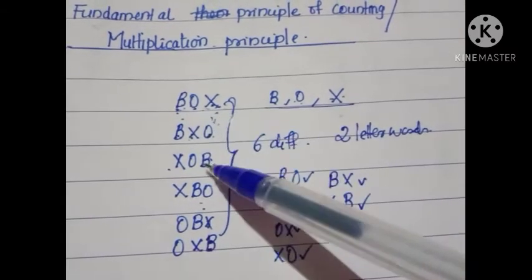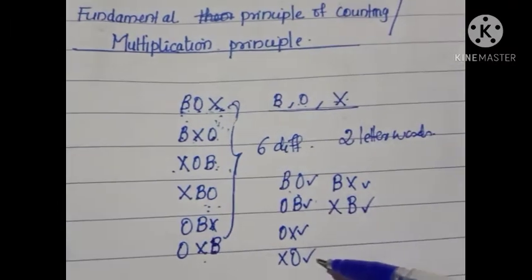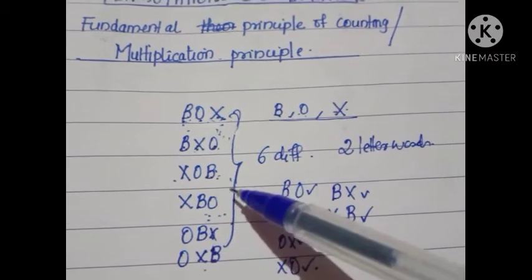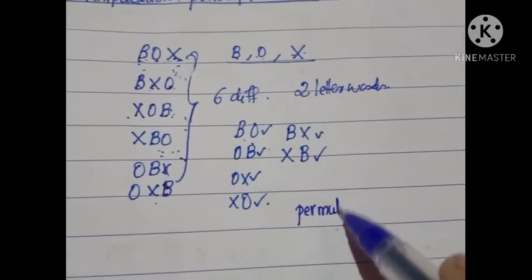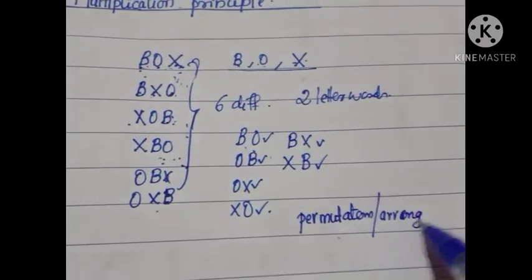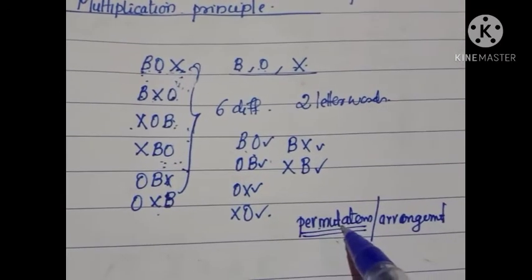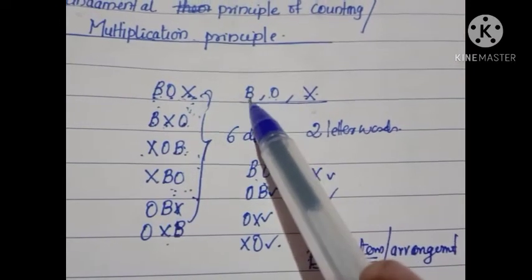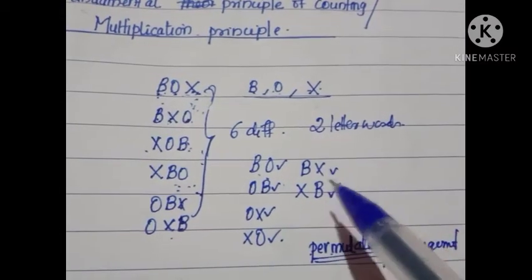So, there is a specific order in all these arrangements. Order is compulsory for these types of arrangements. And these arrangements are actually called permutations. So, permutations means arrangements. In this section, we are going to discuss how to permute or arrange any given words in the given order.